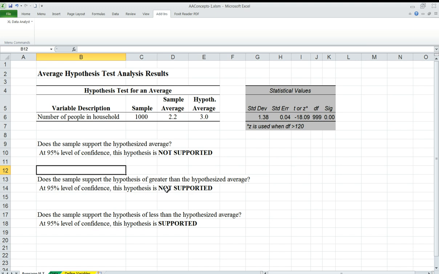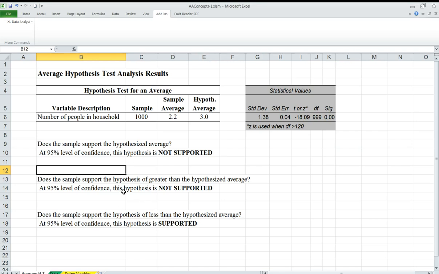It is not supported. And the final result is the result of testing a hypothesis that the number of people in household is less than 3, and we see that it is supported. So even without knowing the notation of hypothesis, we still can understand what happened.